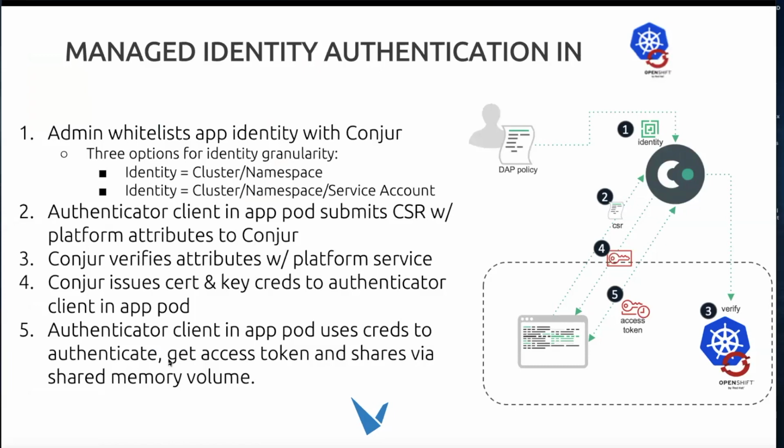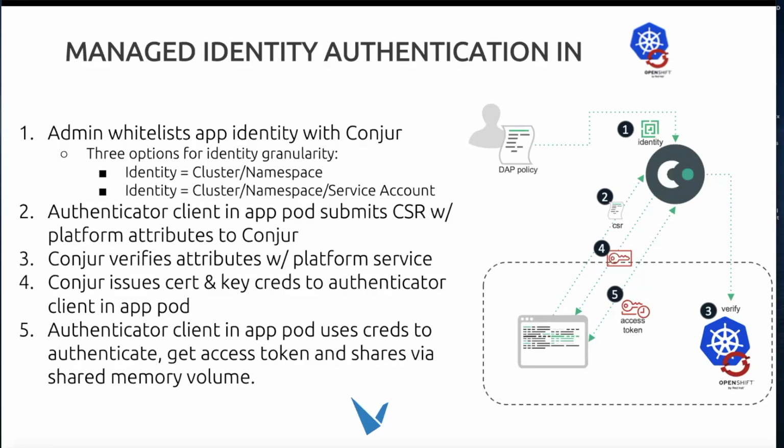So a very similar pattern to authenticating workloads in AWS and Azure applies to Kubernetes. Again, out of band, we establish a policy. That policy can be based on namespace or namespace and service account or deployment group. So we establish the policy out of band.